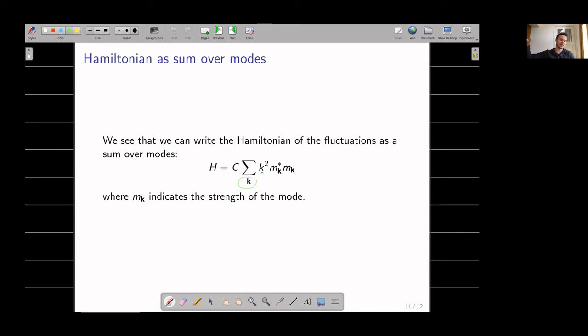Here we only have coordinates, so I would say the oscillations are given by k squared. First, Yuli, did I answer the question? Before I move on.